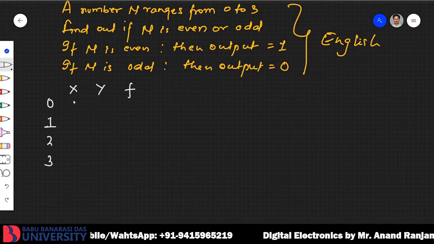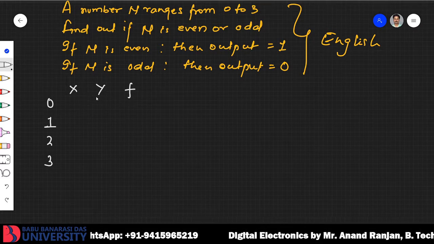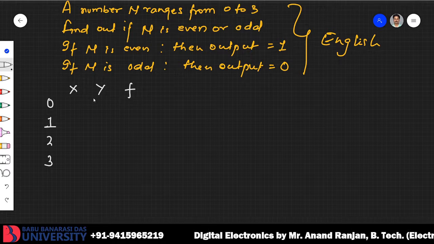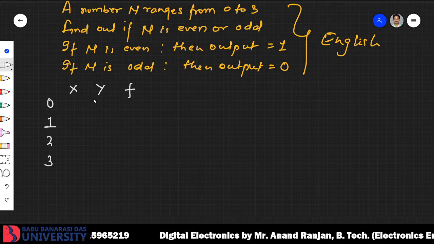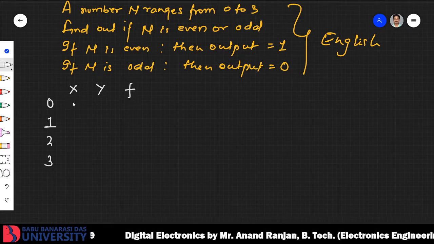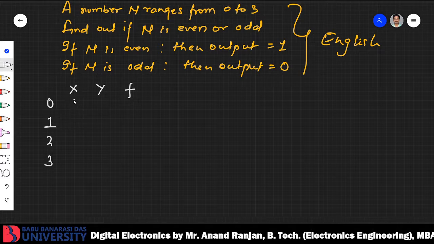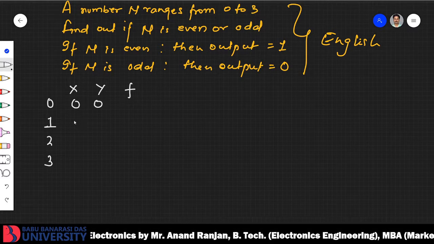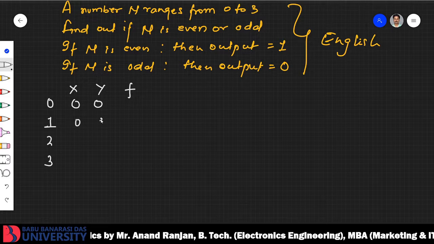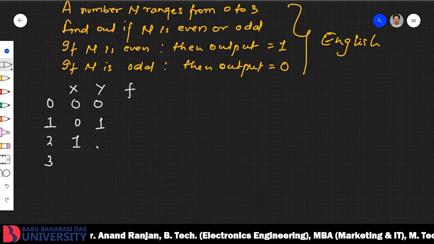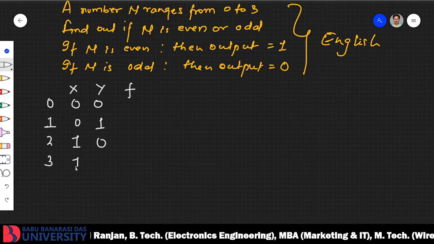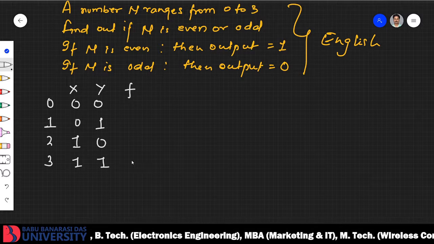With two variables we can produce four different combinations, 2 raised to the power 2, in the digital domain. So this will be given as 00, 01, 10 and 11.